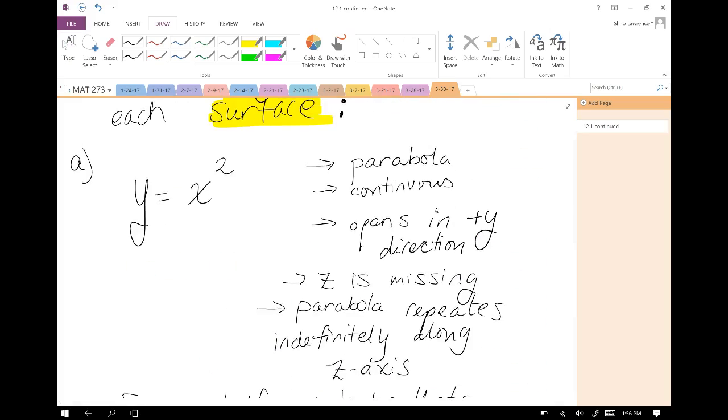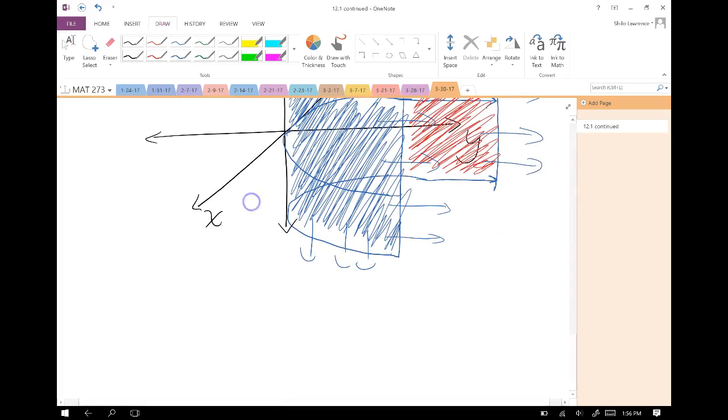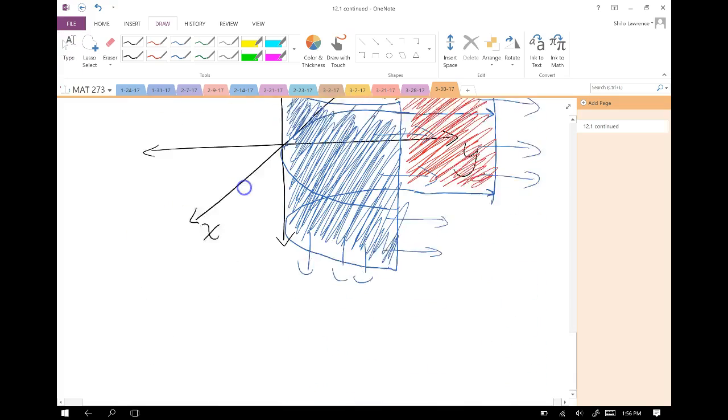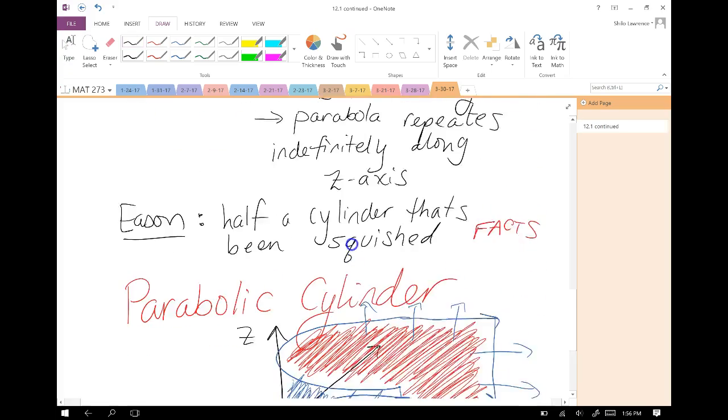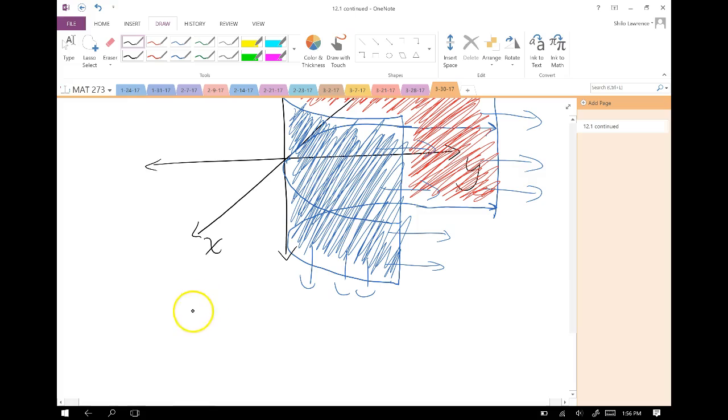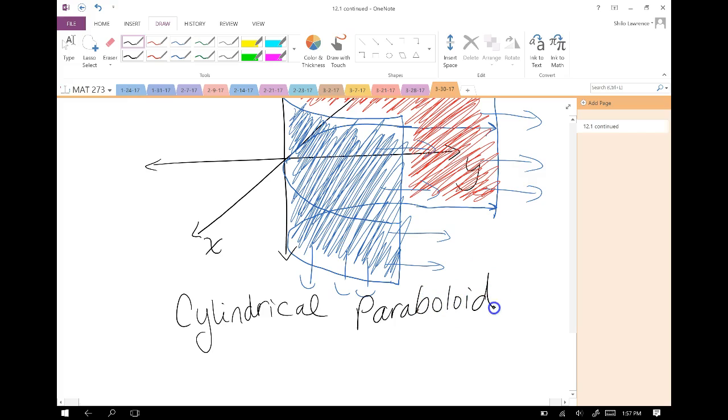Did I call that A? I did. You could also call this thing a cylindrical paraboloid.